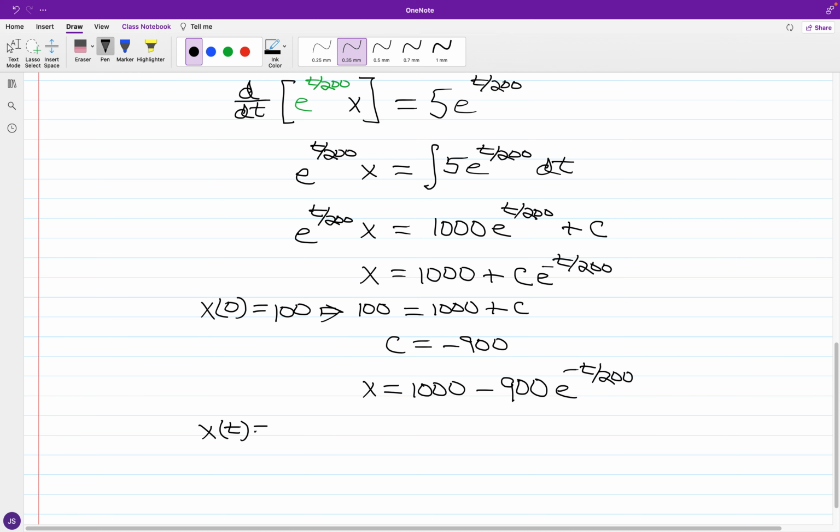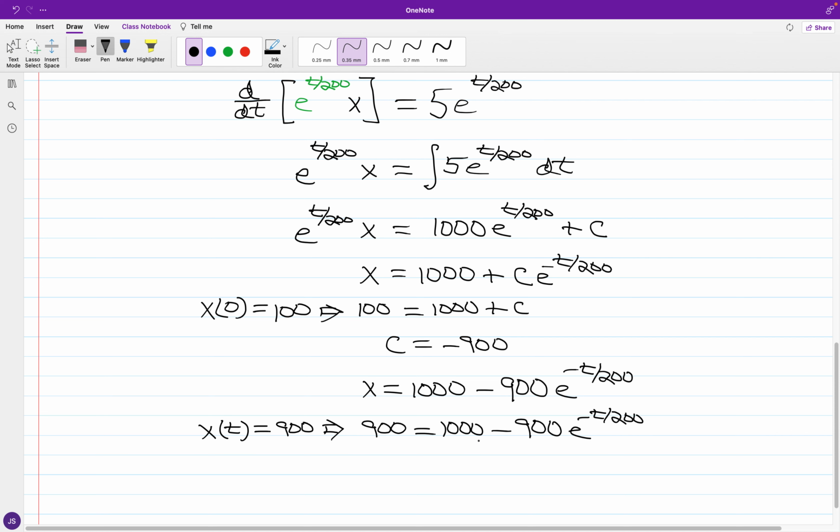So I have x of t is equal to 900. Filling in 900 for x, we have 900 is equal to 1,000 minus 900 times e to the negative t over 200.